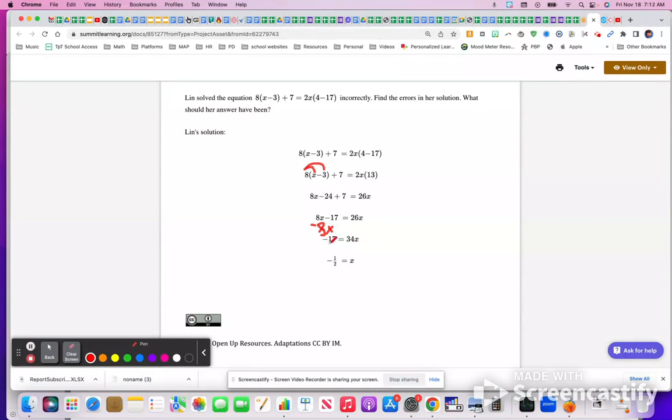And then when she got to this, she divided by 34 because 34 times what gives her negative 17. And she found that that was negative 1/2. So she decided that x is equal to negative 1/2, which if she hadn't made those mistakes, that probably was the case.